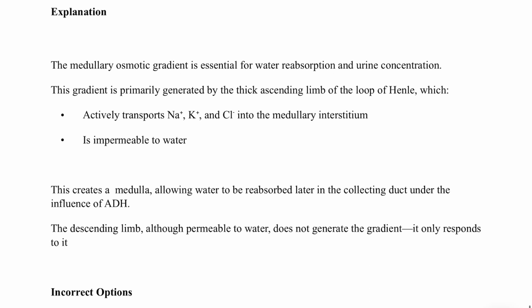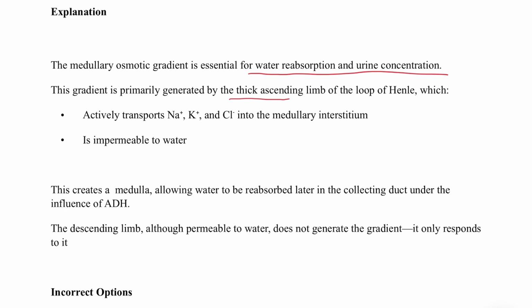The medullary osmotic gradient is essential for water reabsorption and urine concentration. This gradient is primarily generated by the thick ascending loop of Henle, which transports sodium, potassium and chloride into the medullary interstitium, and it is impermeable to water.